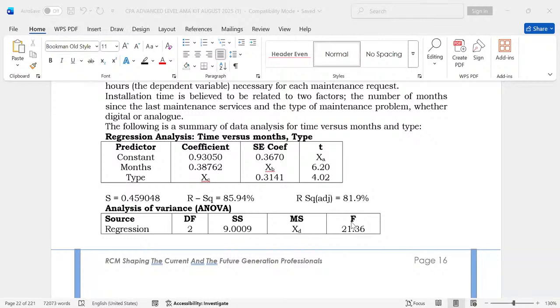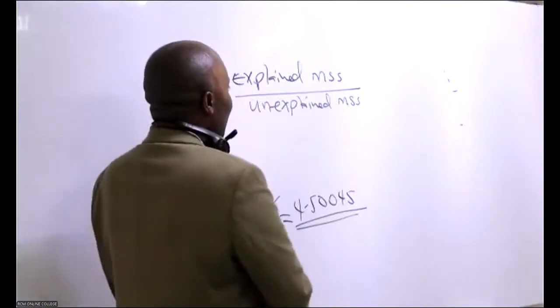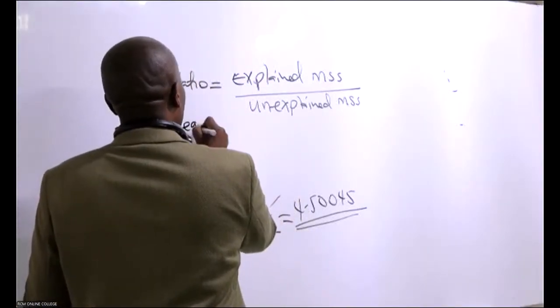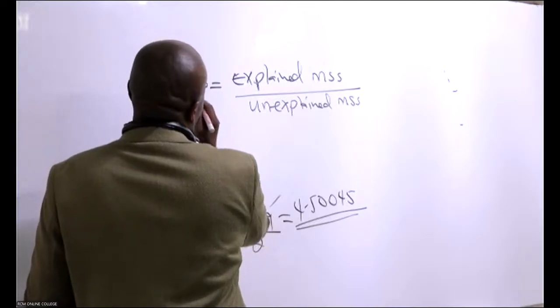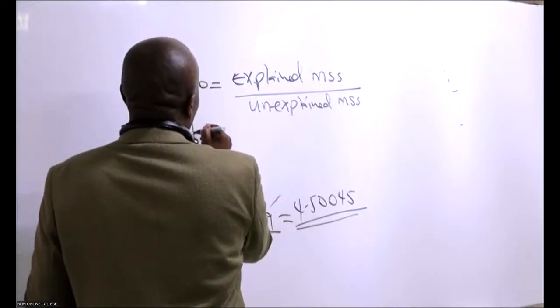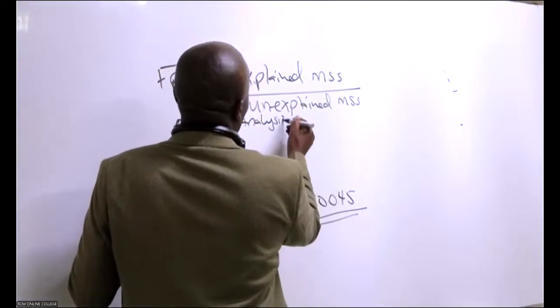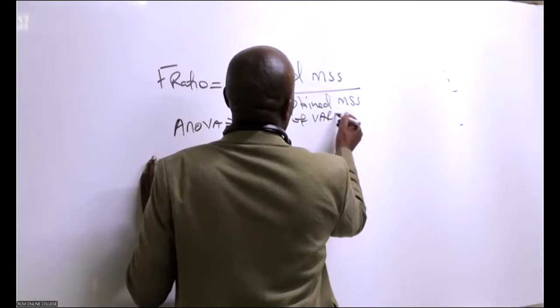But first of all, I want us to remind ourselves, for the sake of the very new students, so that they don't get confused, about ANOVA. ANOVA stands for Analysis of Variances.